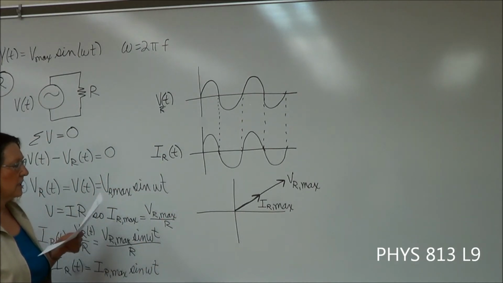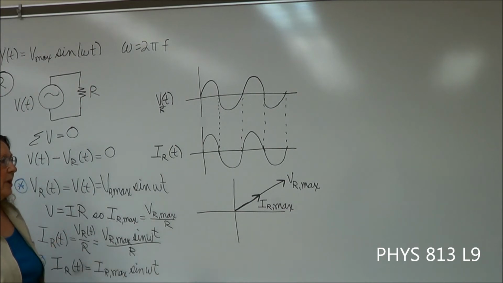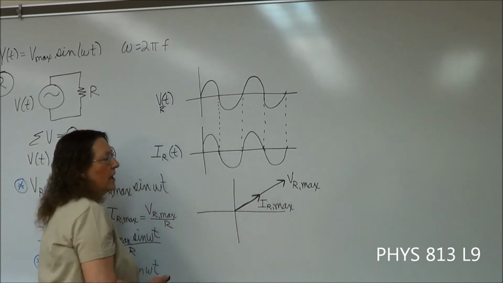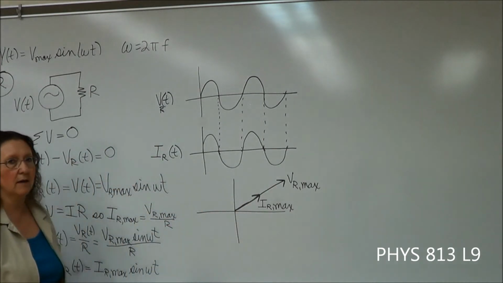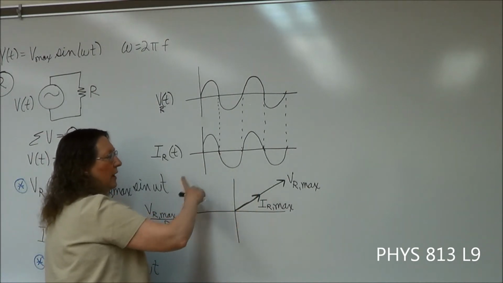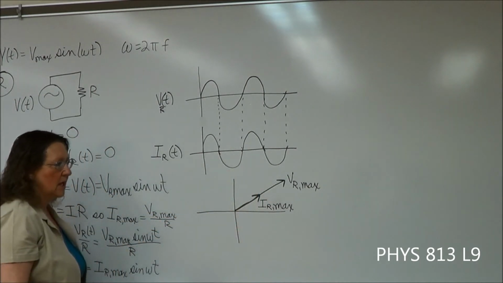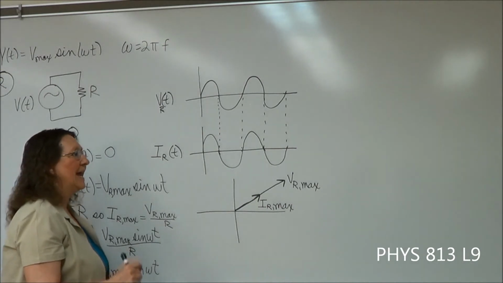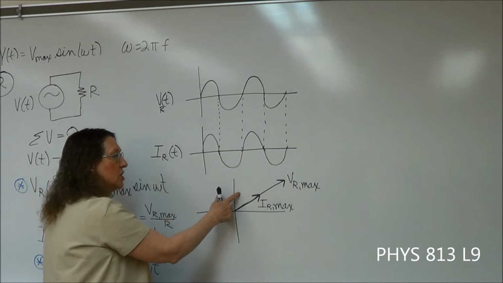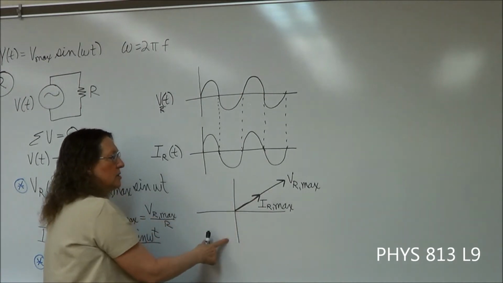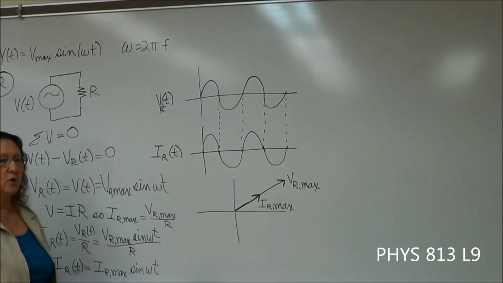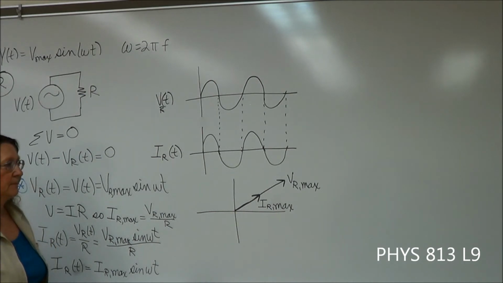Now, the other thing that it says in the box is that this diagram rotates in time. So it rotates counterclockwise in time, and at any particular instant, the projection of these vectors onto the y-axis is the actual value that you would measure in the circuit.